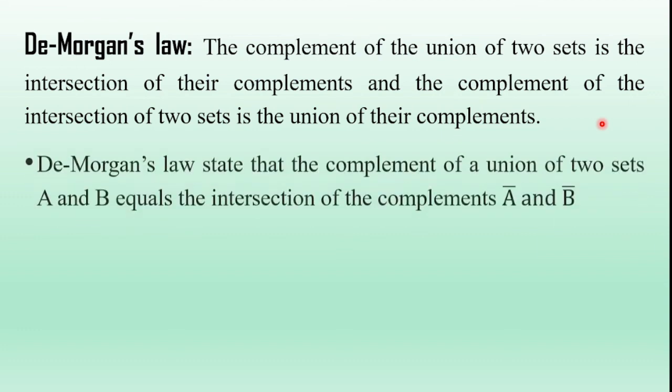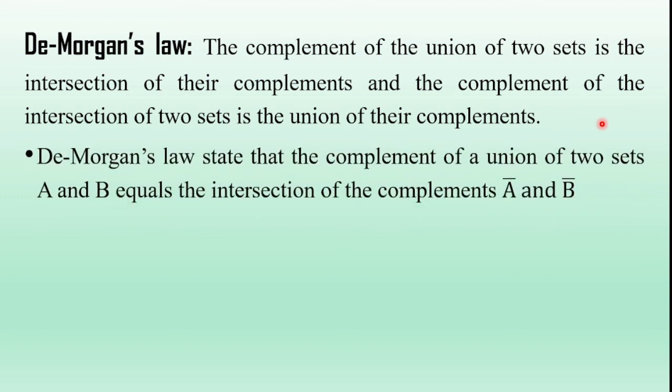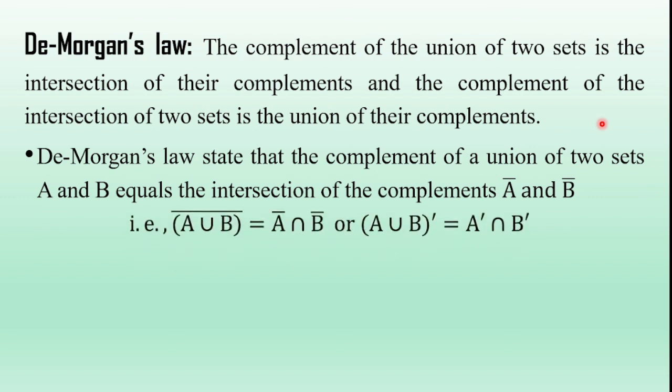Mathematically, De Morgan's law states that the complement of the union of two sets A and B equals the intersection of the complements A bar and B bar. That is, A union B whole bar is equal to A bar intersection B bar.